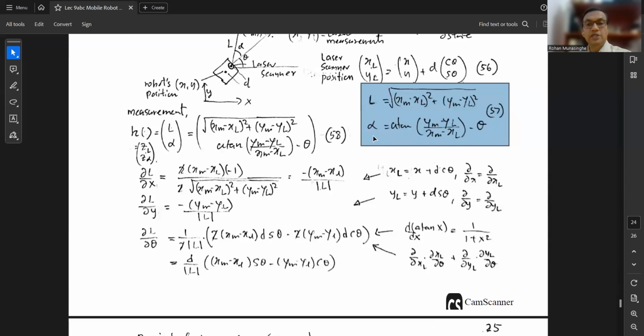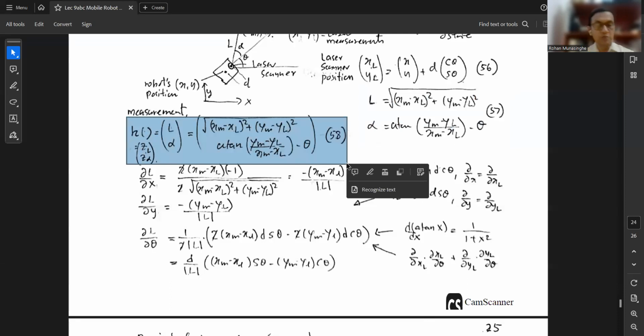Now, these are the measurements, L and alpha. So L and alpha is actually the Z vector. Z is the measurement vector. So L and alpha is the measurement vector. So you can write down the two equations here, right, as H or Z, equation 58. This is your measurement model. There you are. Earlier you had the vehicle model.